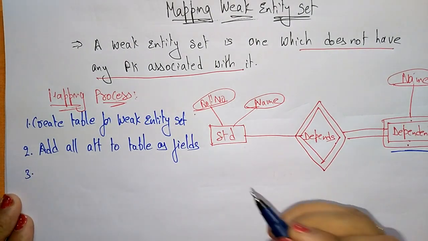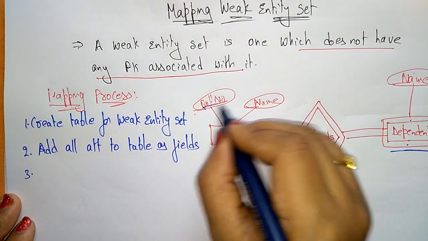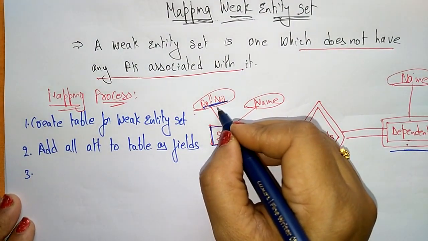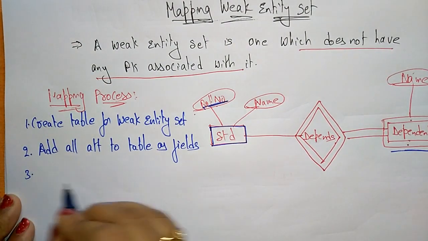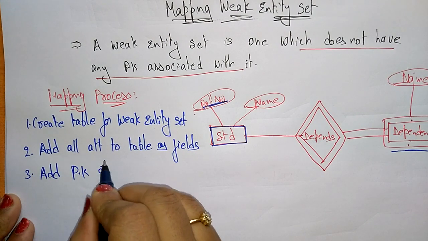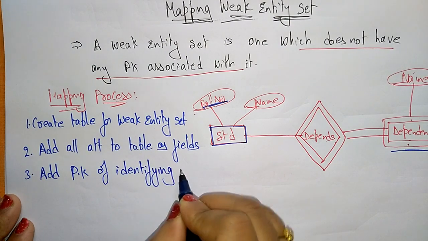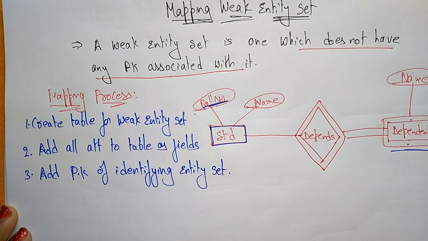Next, third step, you have to add the primary key of the identifying entity set. To identify an entity set, you identify the entity set based on the primary key only. So add the primary key of the identifying entity set.